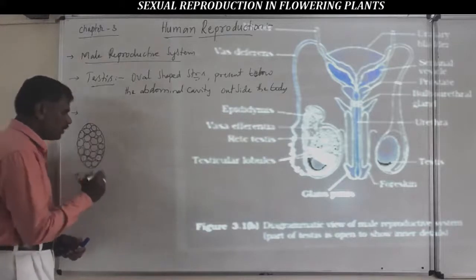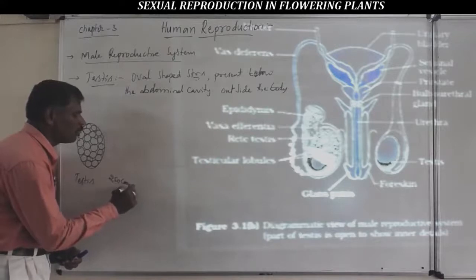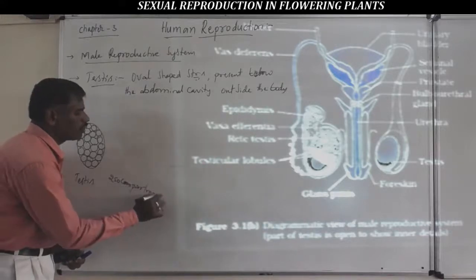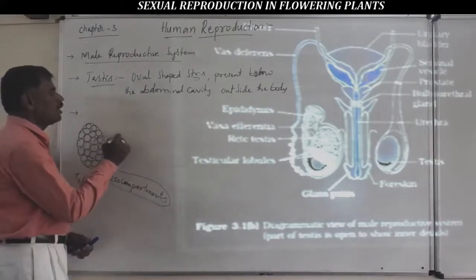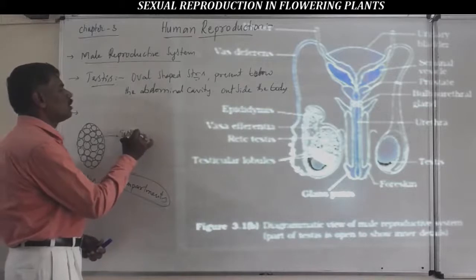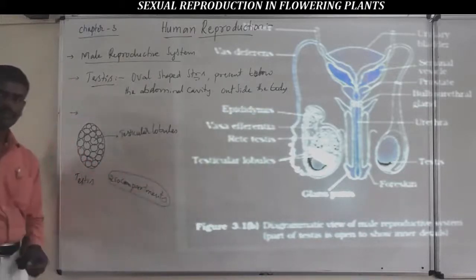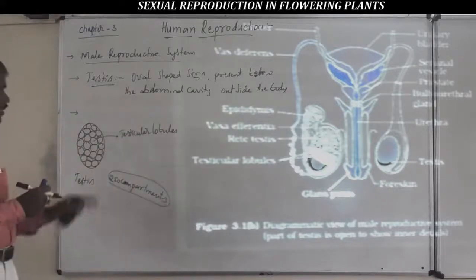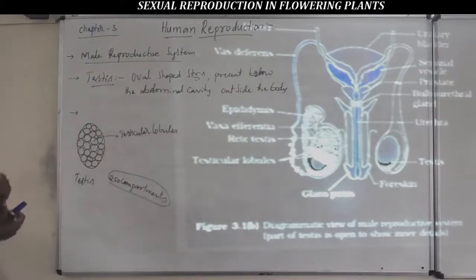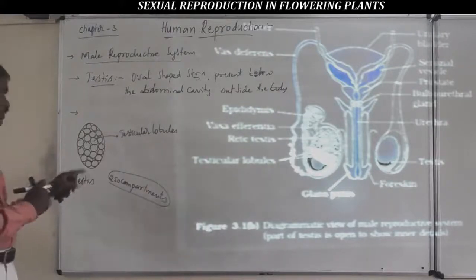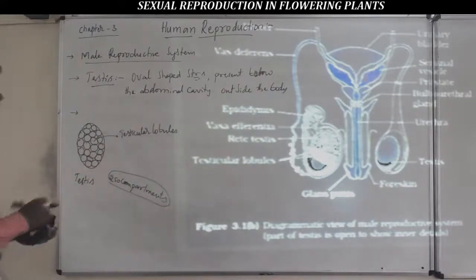Each testis consists of nearly 250 compartments. These 250 compartments are called testicular lobules.